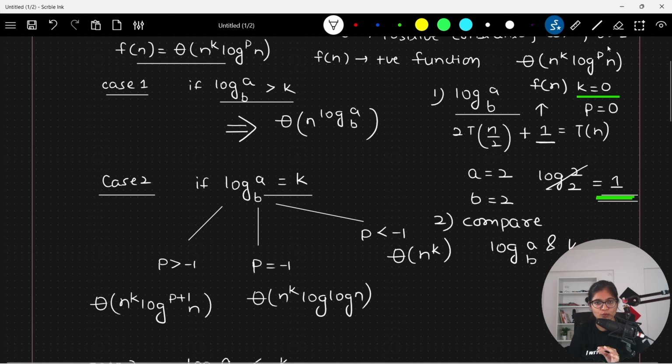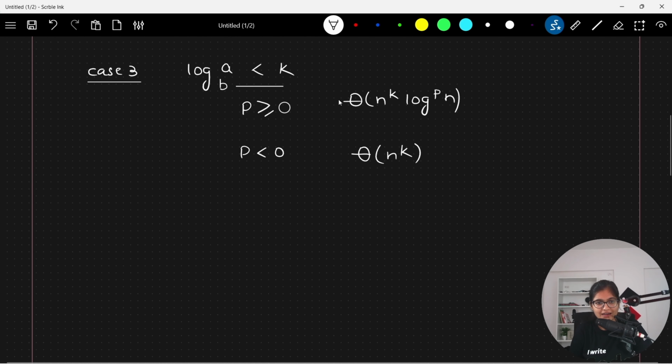The value of k is 0. You can clearly see that this particular situation falls under the category of case number 1, where the value of log of a base b is 1, because we are solving a recurrence relation. You can illustrate it as example number 1, which I want to explain to you.